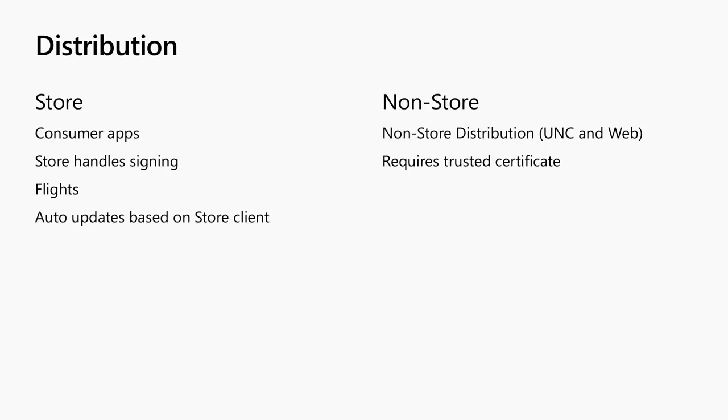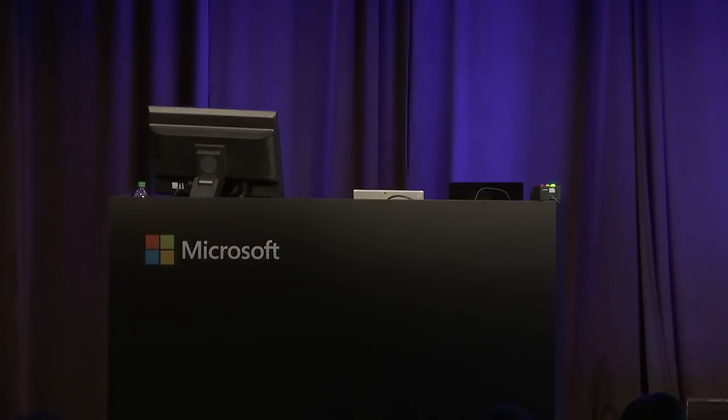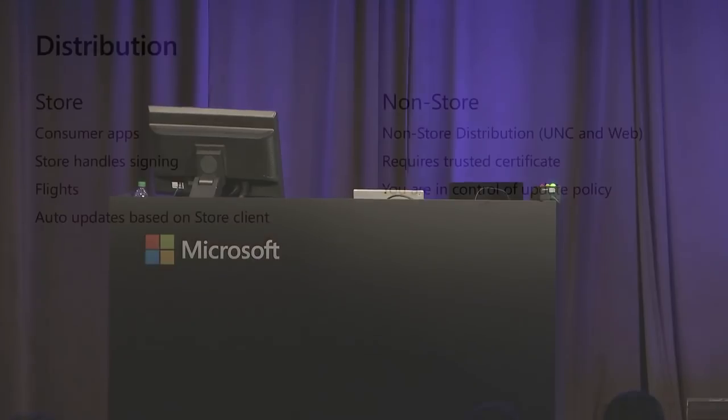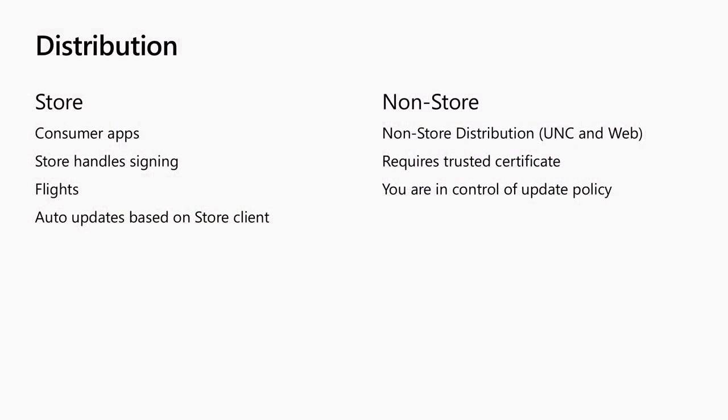Next thing to consider if you go with a non-store approach is how to define your update policy. What you saw here is the default update policy, where the application will check for updates after the application launches, but there are some cases where you want to block the application. So if there is a new version on the server, make sure that no one will run the previous version until they get the update.